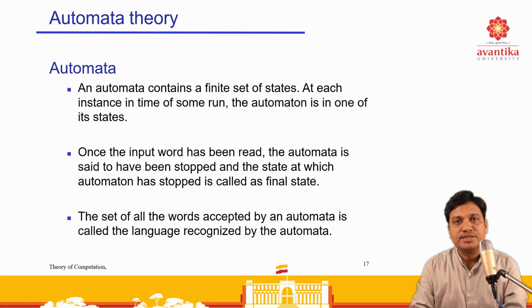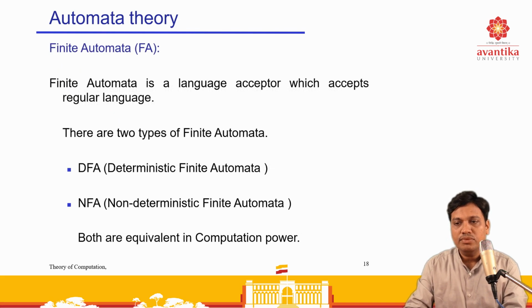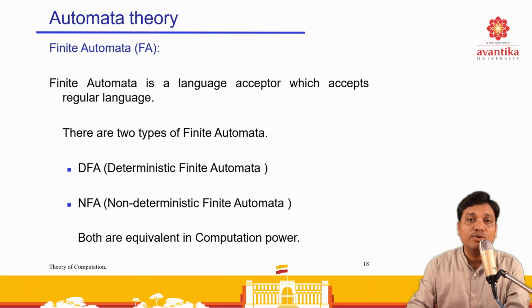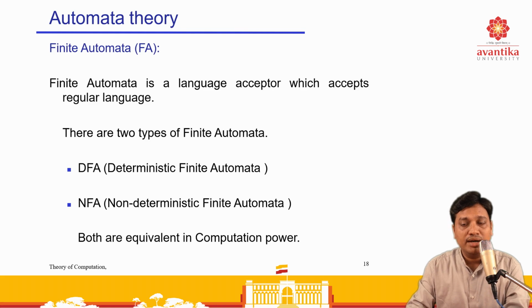We already discussed previously the type 0, type 1, type 2 and type 3 grammars. So finite automata is a language acceptor which accepts regular languages. Notice this point, finite automata is a language acceptor which accepts only the regular language. There are two types of finite automata.